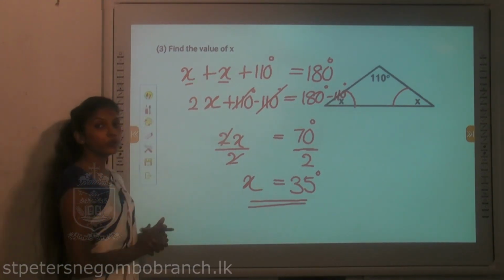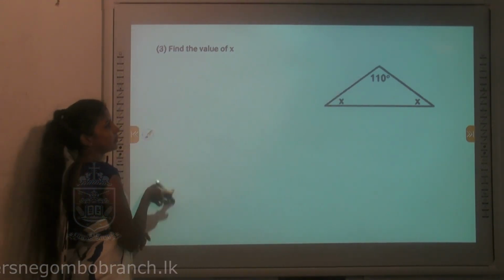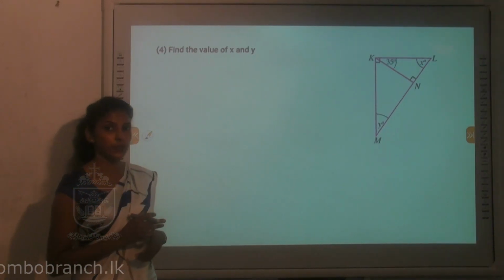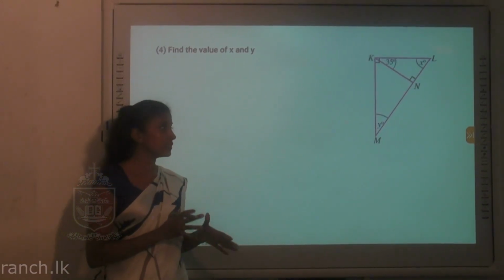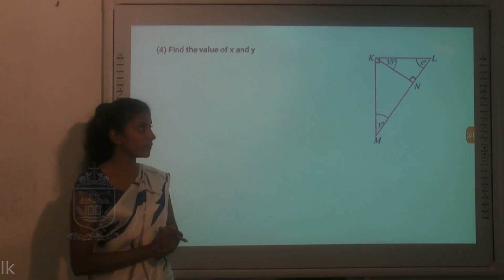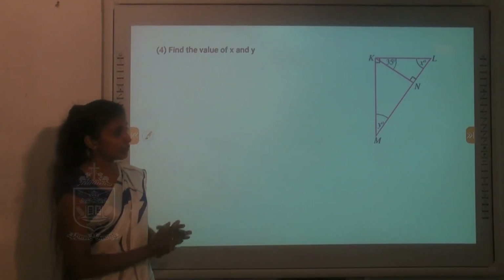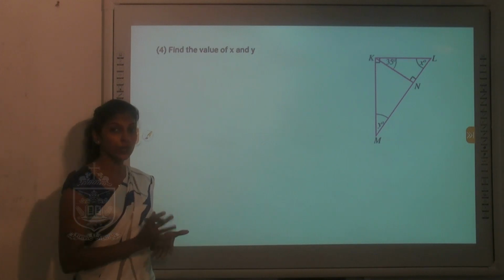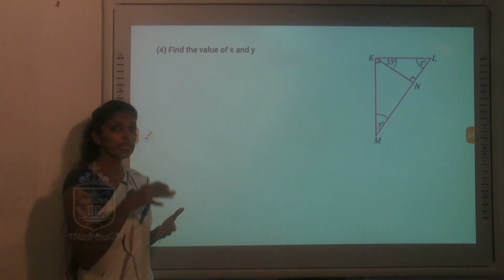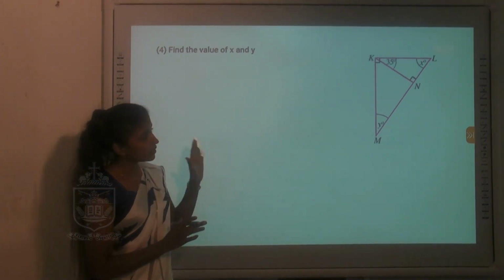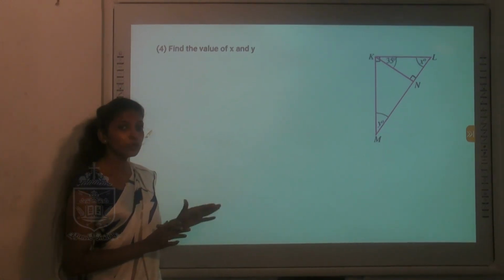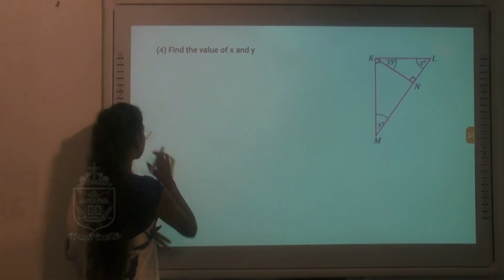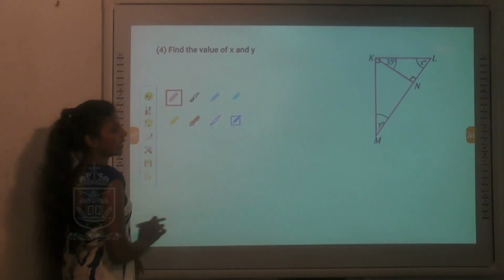Okay, so let's move to another example that is somewhat different than the first three examples we discussed. Here you all can see a little bit complex figure is given. There are more than two triangles actually. If you consider, there are two small triangles, and at the same time there's a larger triangle, right? Here again you can see two unknown angles, the x angle and the y angle.